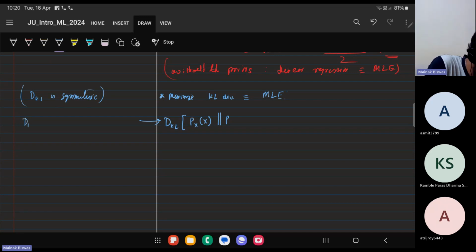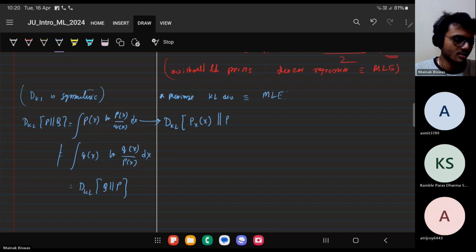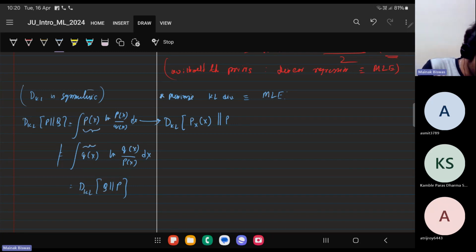Clearly see, dKL of P and Q is the integral of Px log of Px by Qx dx, which is not equal to the integral of Qx log of Qx by Px dx, right? Here the expectation is over P, here it is over Q. So it's not equal by definition.